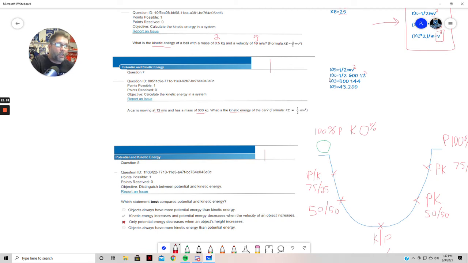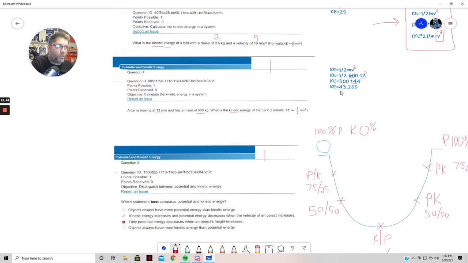So we're going to plug in the 600 for the mass and the 12 for the velocity. Okay, and then we're going to square the velocity. 12 times 12 is 144. And half of 600, of course, is 300, as you know. So we've got those two numbers. And so now again, you just multiply those two, and you get 43,200.